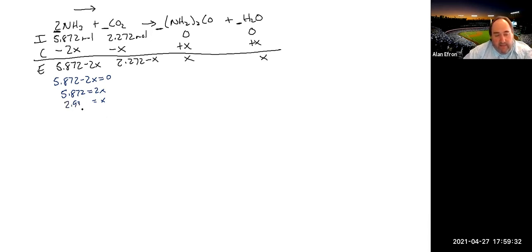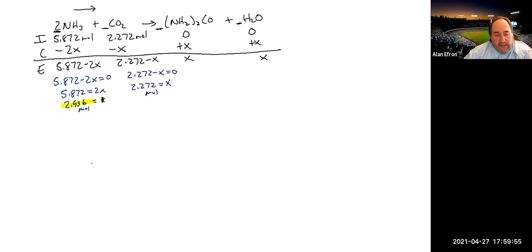And again, remember, these are moles. We will also set this guy equal to 0, and that's pretty easy to figure out. X then equals 2.272 moles.